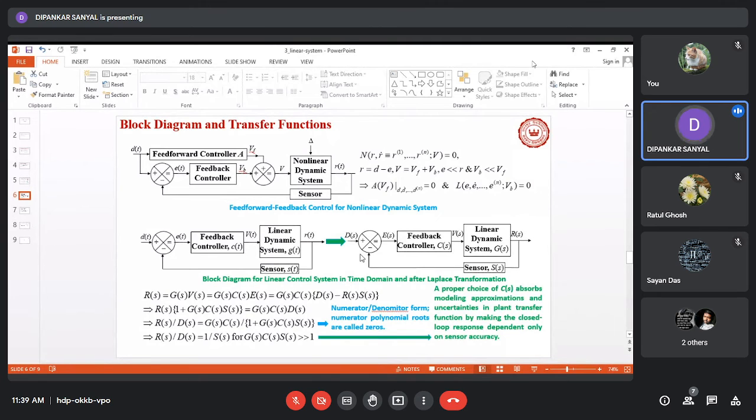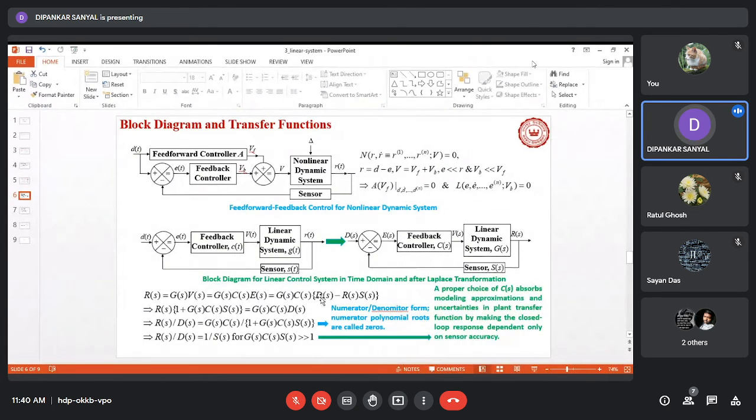Now, if we process this block diagram, then this R(s) is this input into this, that is we write as G(s) into V(s). Now this V(s) is nothing but C(s) into E(s). So that is what we write here. Now this E(s) is nothing but D(s) minus this one. This one is equal to R(s) into S(s).